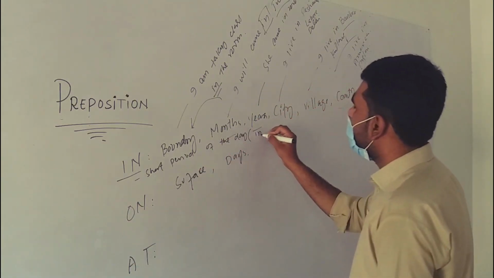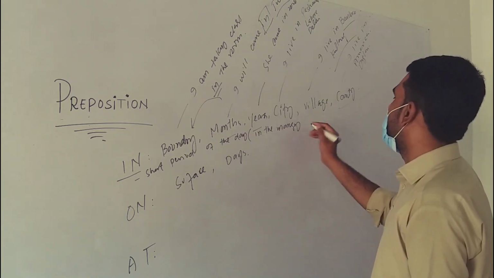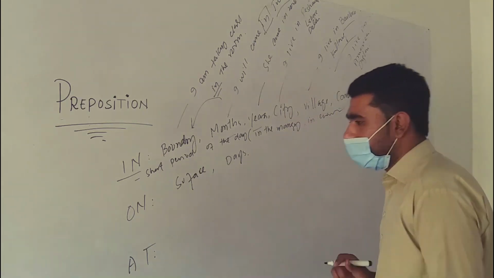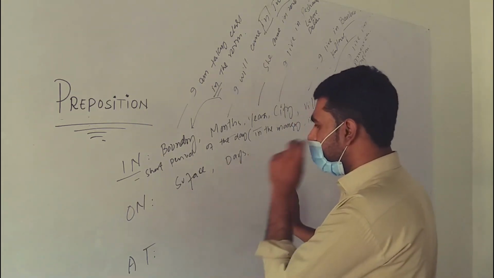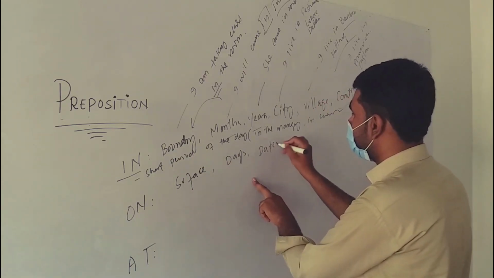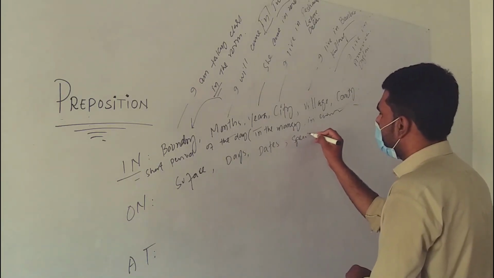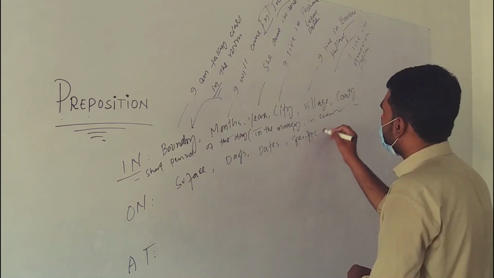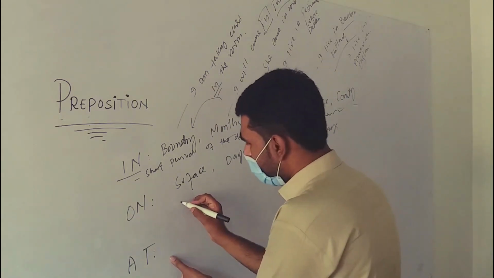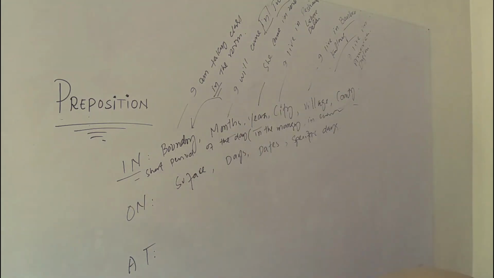For example, in the morning and evening, etc. On is used for surface, days, dates, and specific days as well. Surface, for example, I'll give you an example.